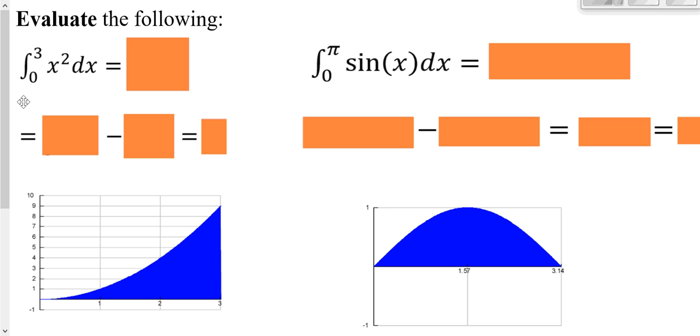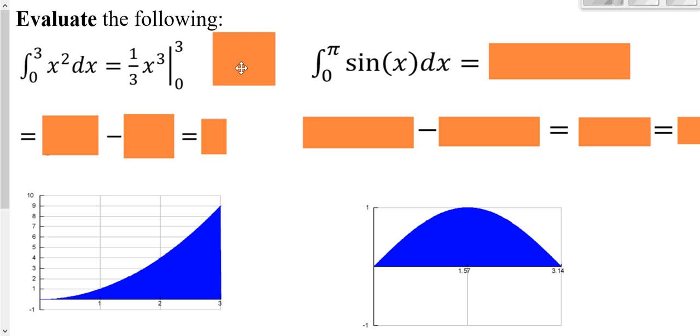So let's go ahead and evaluate this. Now remember, this means we want to find the area underneath our curve of x squared from 0 to 3. We did this the other day using the limit process. But based on what we've just learned, we should be able to do the integration, our indefinite integral. So increase your exponent by 1, and then you'd have a 1/3 in front to offset that exponent.